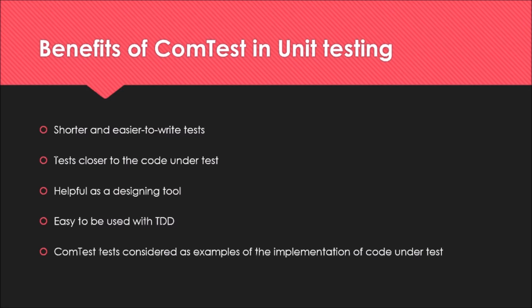Shorter and easier to write tests, which are also close to the code under test, since they are contained in Java documents. Another benefit is that ComTest is helpful as a designing tool and easier to be used with TDD. And lastly, ComTest tests can also be considered as examples of what the code under test implements.